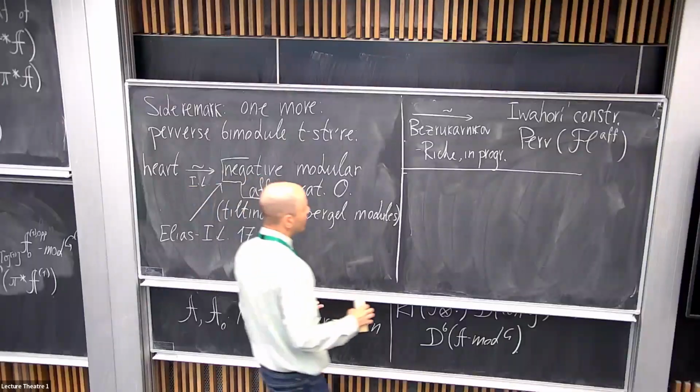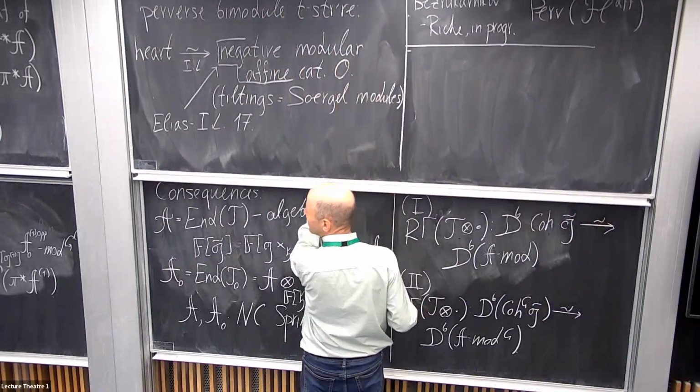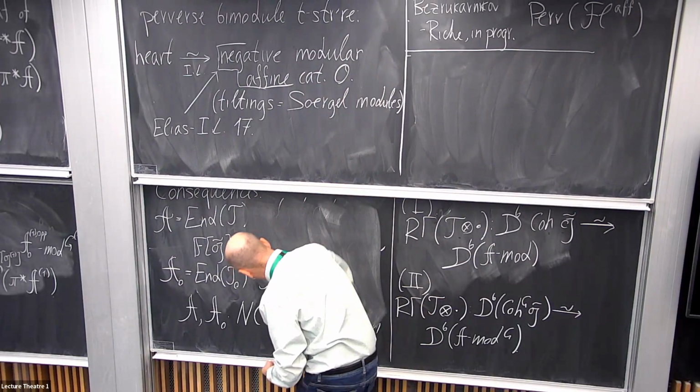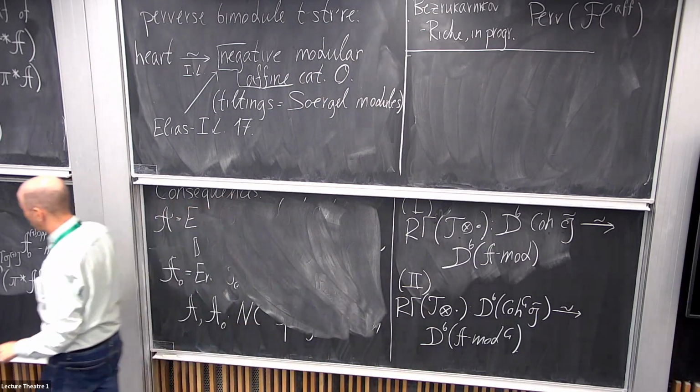So let me try to tell you how. I think I have time for number 1. Let me try to tell you how number 1 is proved. Number 1 in this theorem.